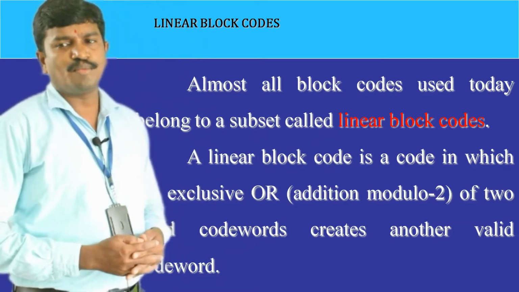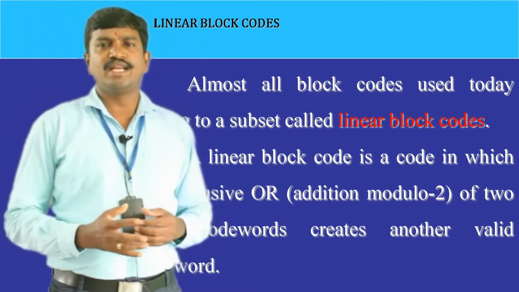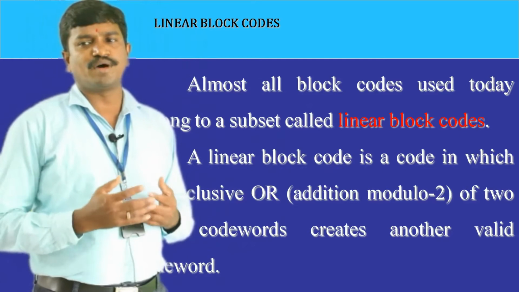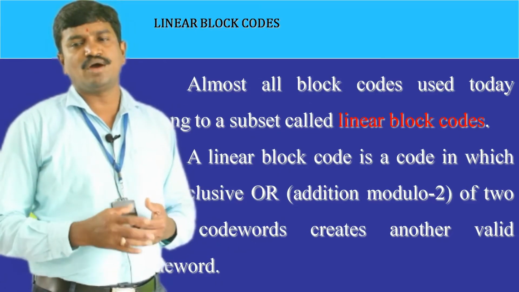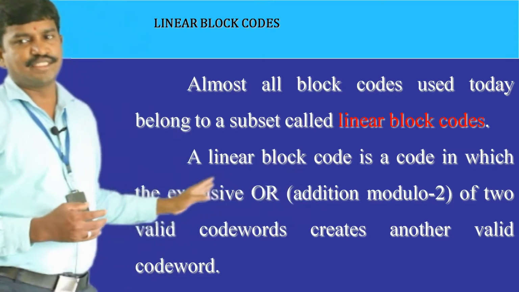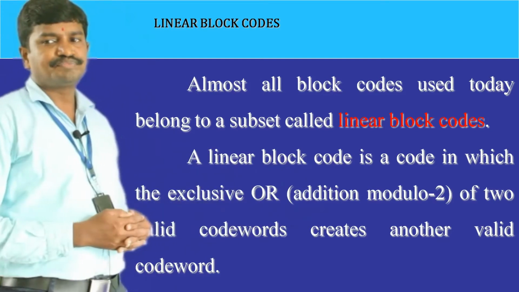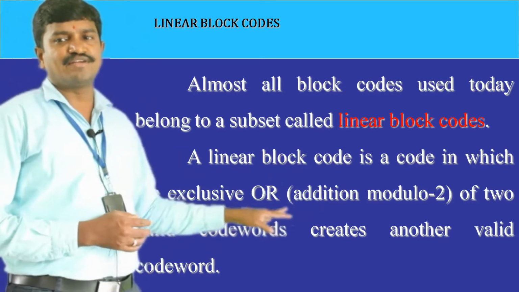Now, there is a property for linear block codes. When you take any two code words and perform XOR on them, the result should be one more valid code word. I repeat. In this definition itself, you can understand: a linear block code is a code in which the exclusive OR of two valid code words creates another valid code word.